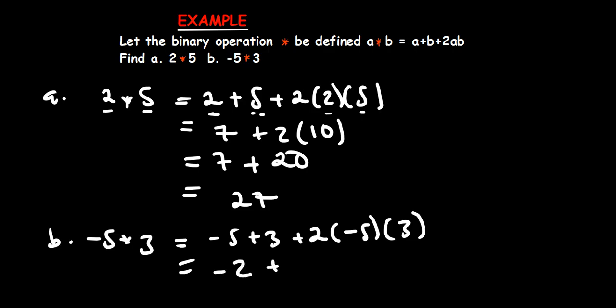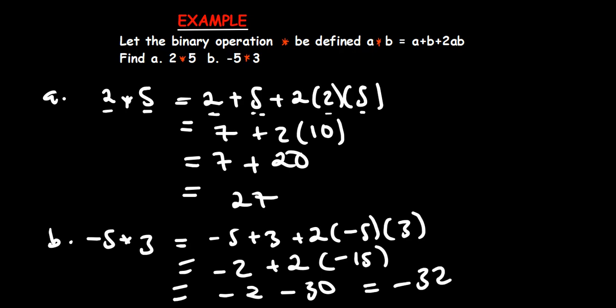When I multiply negative 5 and 3, I'll get negative 15. Then I multiply negative 2 by negative 15 and get negative 30. Then when I add negative 2 and negative 30, I get negative 32. This is how you solve these two questions.